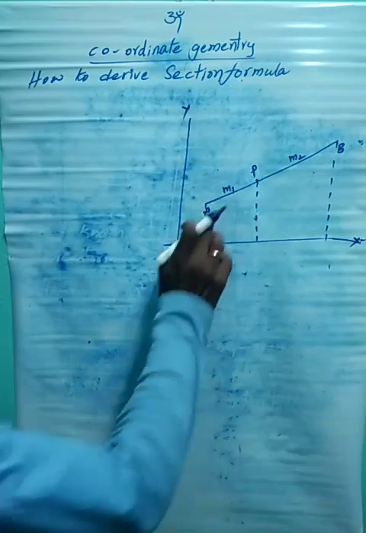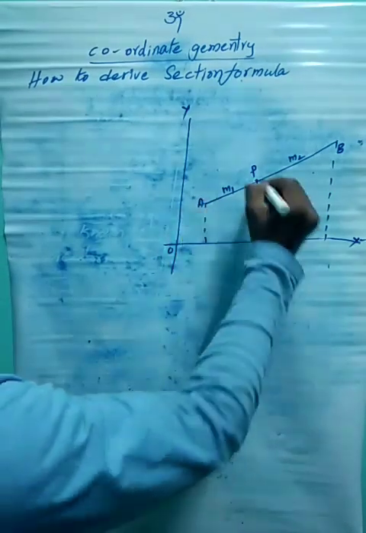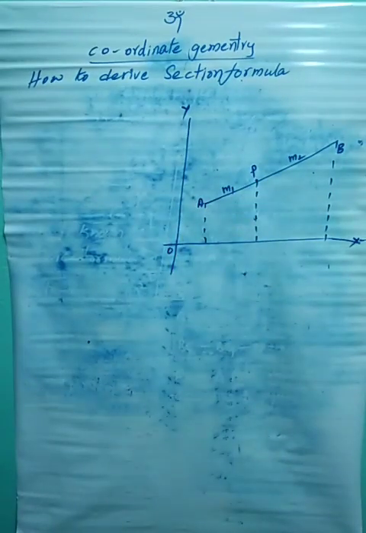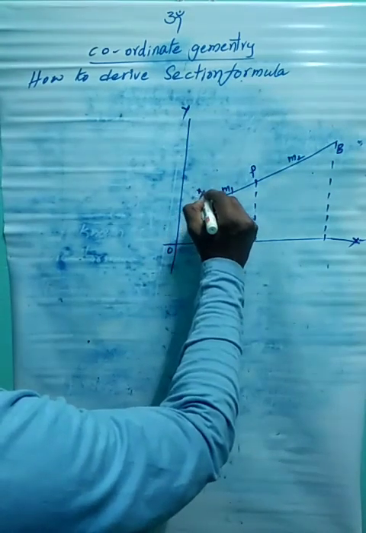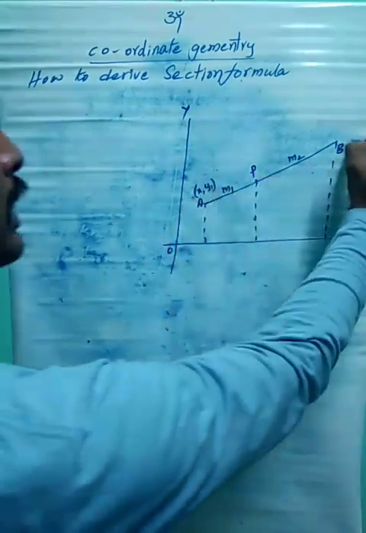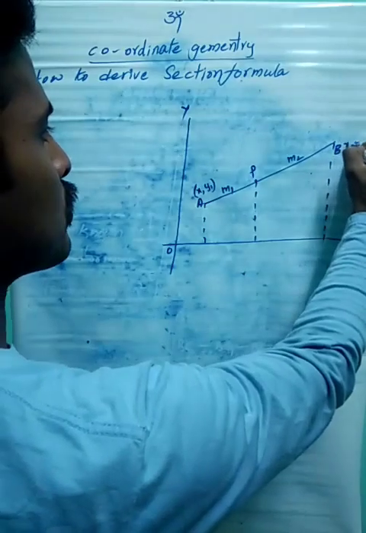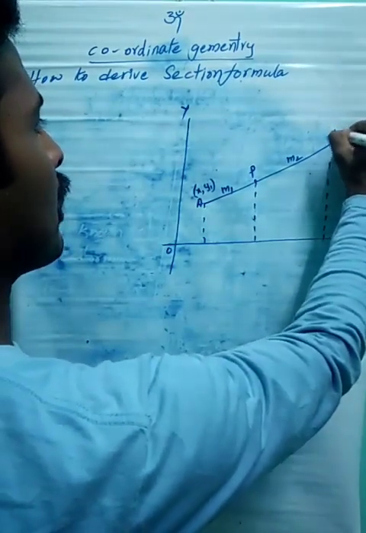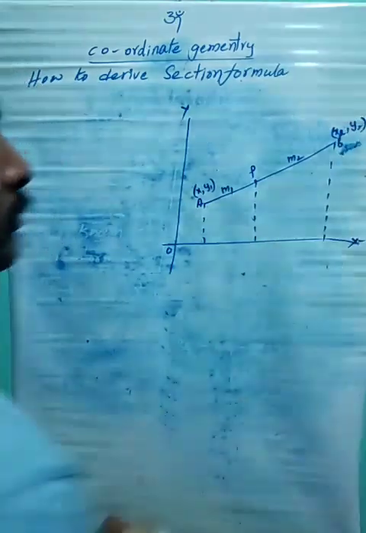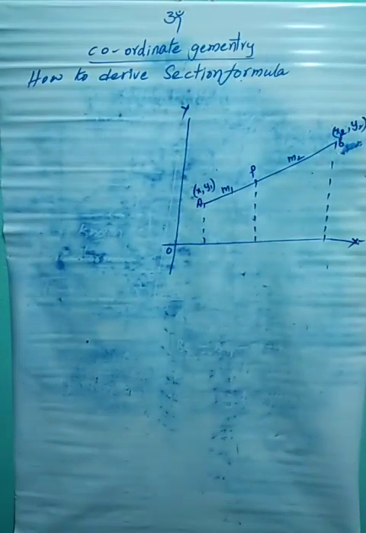Here there is a point A, a point P, and a point B. To position P, we must know the coordinates of the points. The coordinates of point A are x1, y1, and town B is x2, y2.